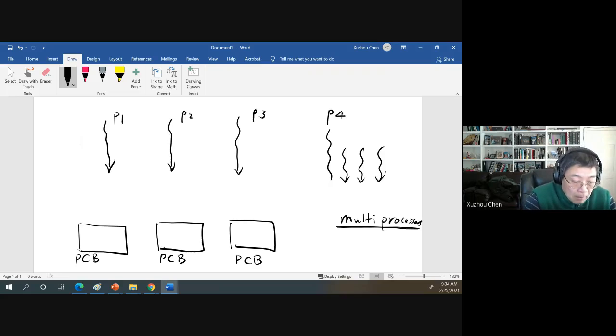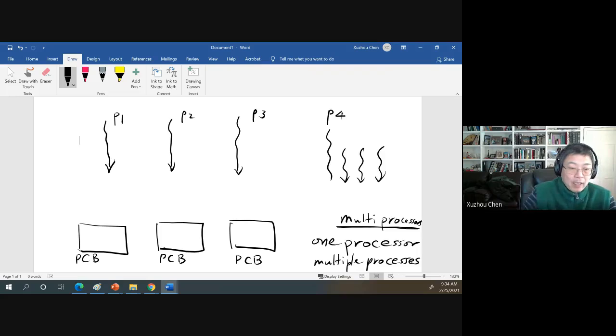Now the other approach is we assume that there's only one processor, and we still want to support multiple processes. How can we do this?